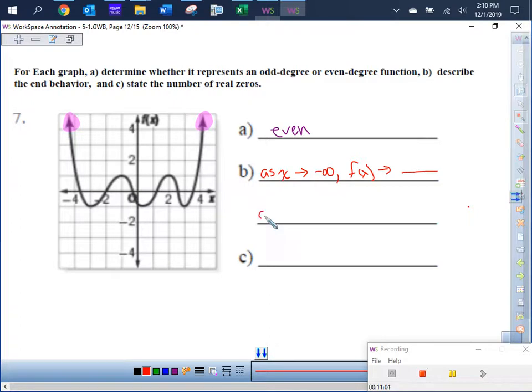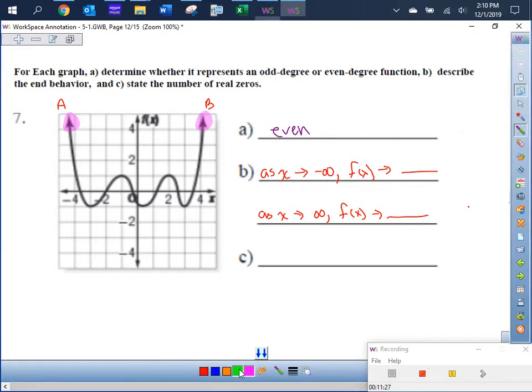And then the second line: as x approaches infinity, comma, f of x approaches blank. If we set it up this way every time, it's really not that bad, because remember, it's called end behavior. So I like to call this end A and this end B. Two ends, A and B.